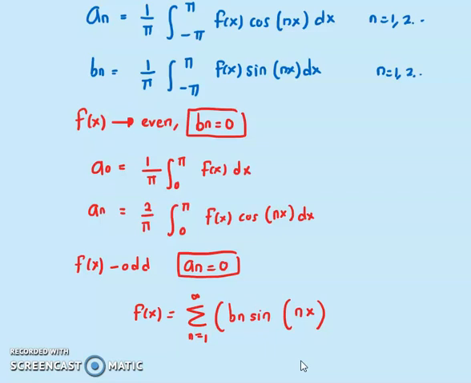Let's see, we have time to look at one example. The example is: find the Fourier series of f(x) equals the absolute value of x, where x is in the interval from minus pi to pi.